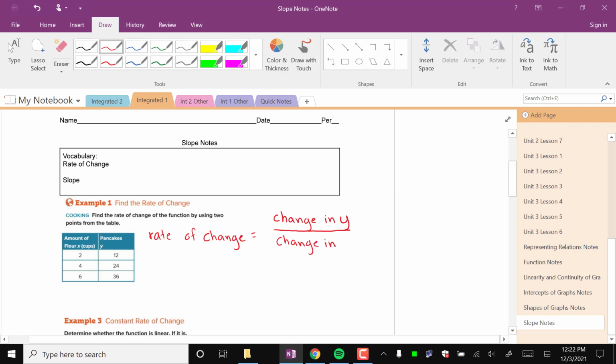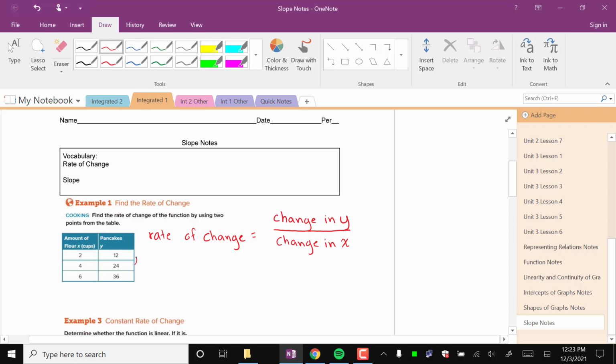In our problem, our change in y is our pancakes, and our change in x is the amount of flour in cups. So we're going to subtract, finding the difference between them.